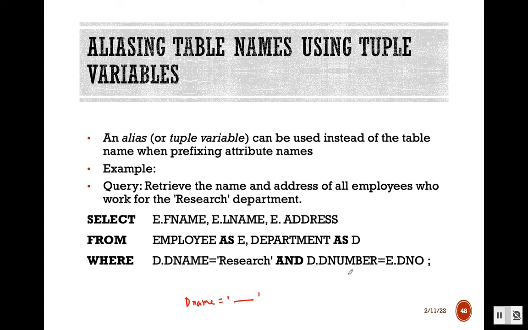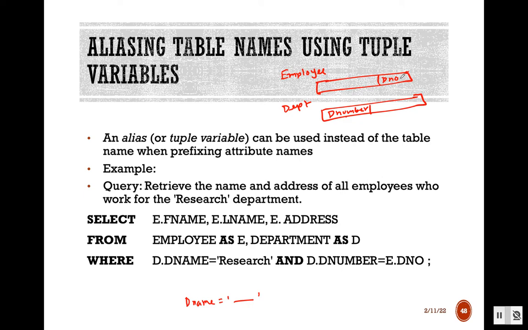Let me give you an example. Say the employee table has a department number, whose name is dno, and the department table has another attribute, which is dnumber. They both have the same domain: that means department number, and that also means department number, but the name is different.